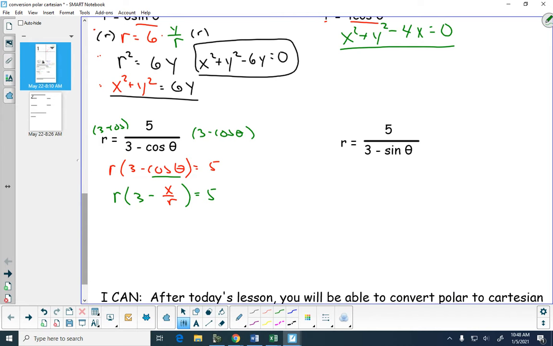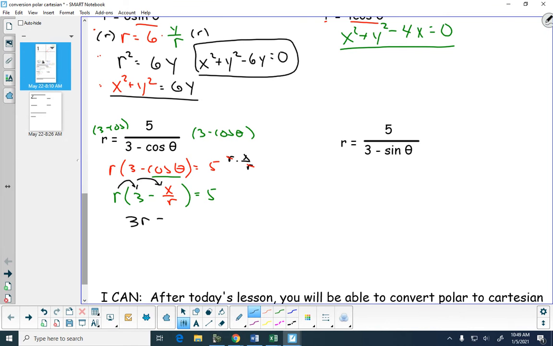Same type of substitution. Now let's use our distributive property and distribute our r to both of these terms. So we're left with 3r minus, well, if I multiply x over r times r, these r's will cancel out.